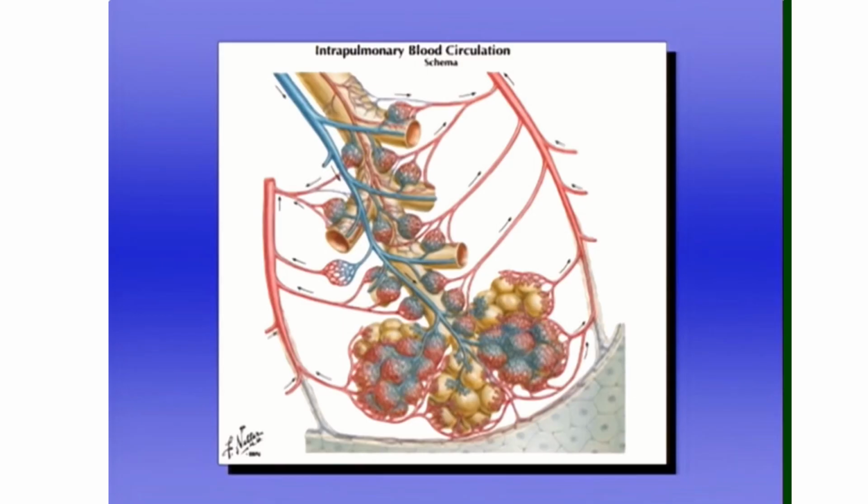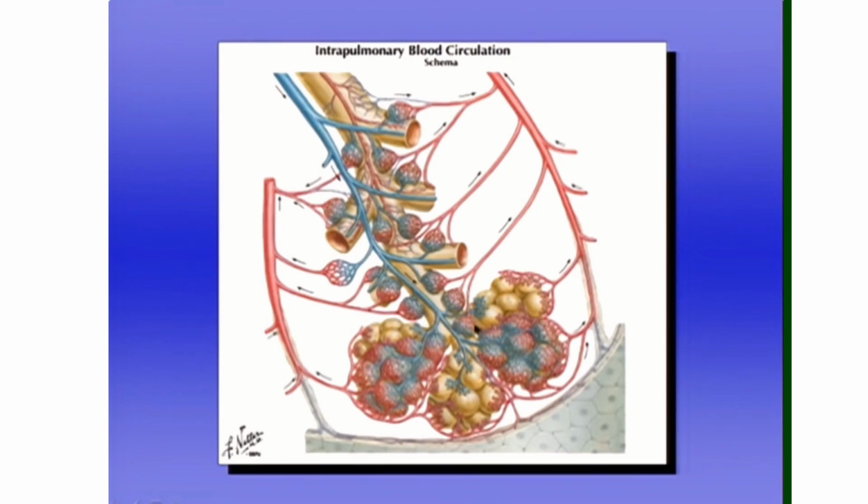Now here's a drawing, and being a drawing you shouldn't believe everything it says, but I think it makes a nice point, and that is it shows that towards the bottom, towards the alveoli here, you've got blood from the pulmonary artery shown in blue here. Notice that it's accompanying the small airway down here to the respiratory region.